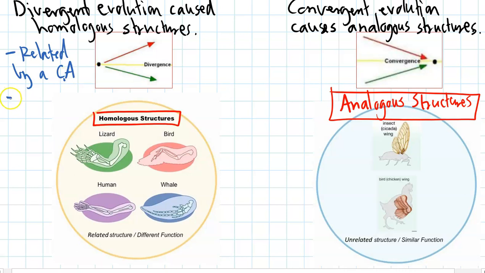Homologous structures might have different functions, but they might not. It just depends what the two daughter species use that structure for.